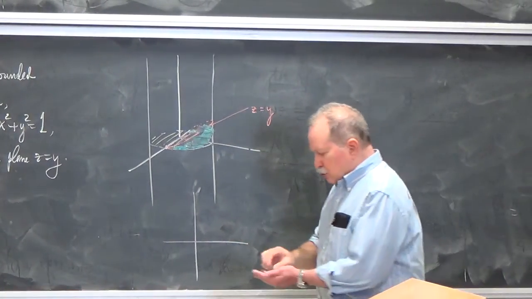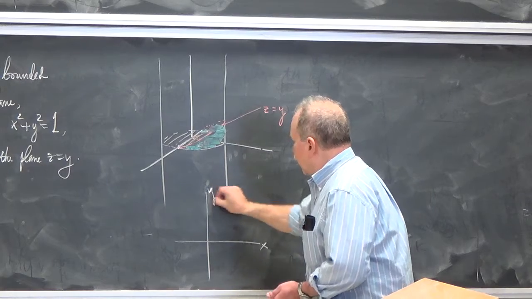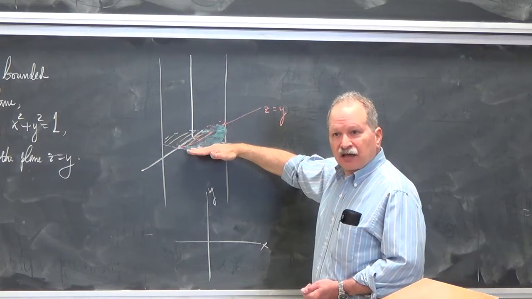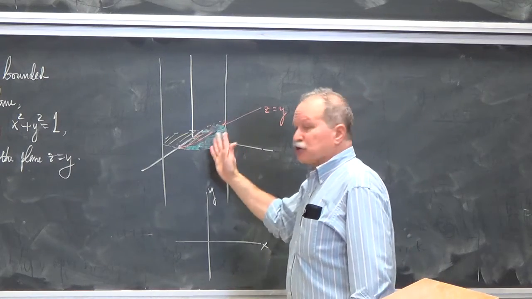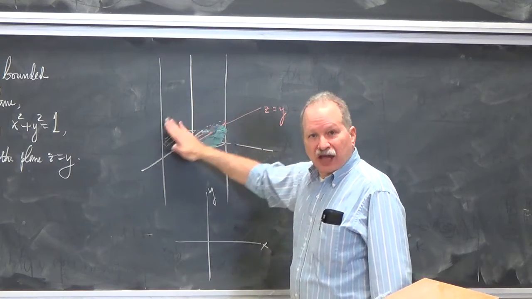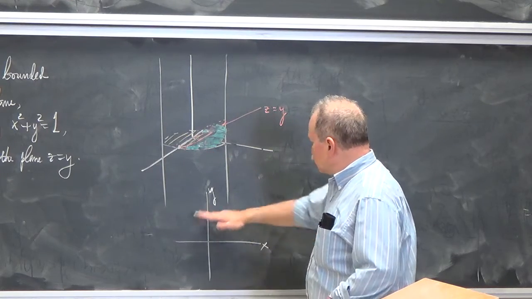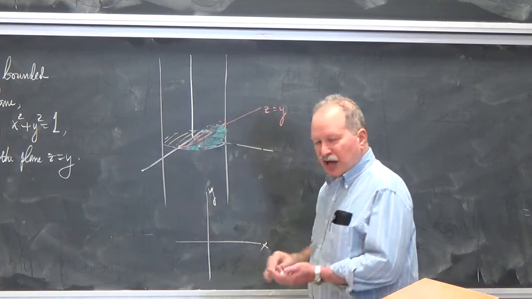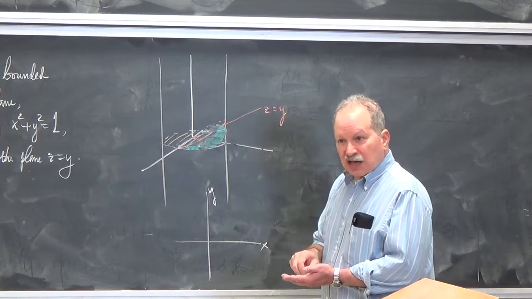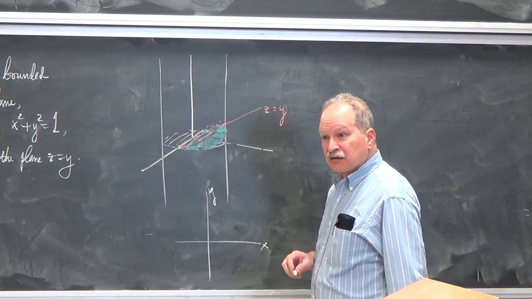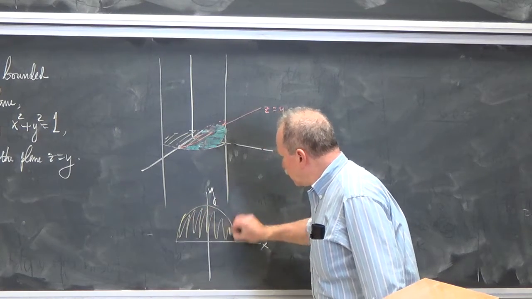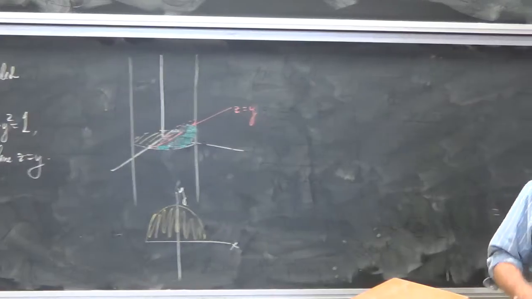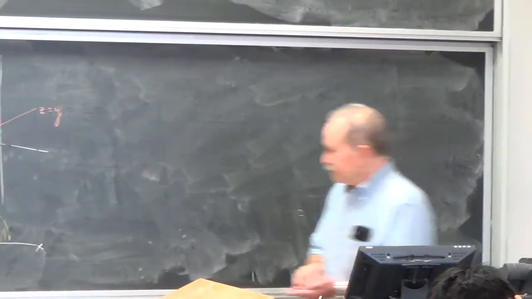In this case, as Yiming is suggesting, it's reasonably natural to think of this as living over the xy plane, although, as you'll see later when we do different examples, we could project it into the yz plane or the xz plane. But Yiming is saying, let's project on the xy plane. What does this thing project onto? A semicircle, where y is always positive. Right. So the projection in the xy plane is the inside of the unit circle above the x-axis.